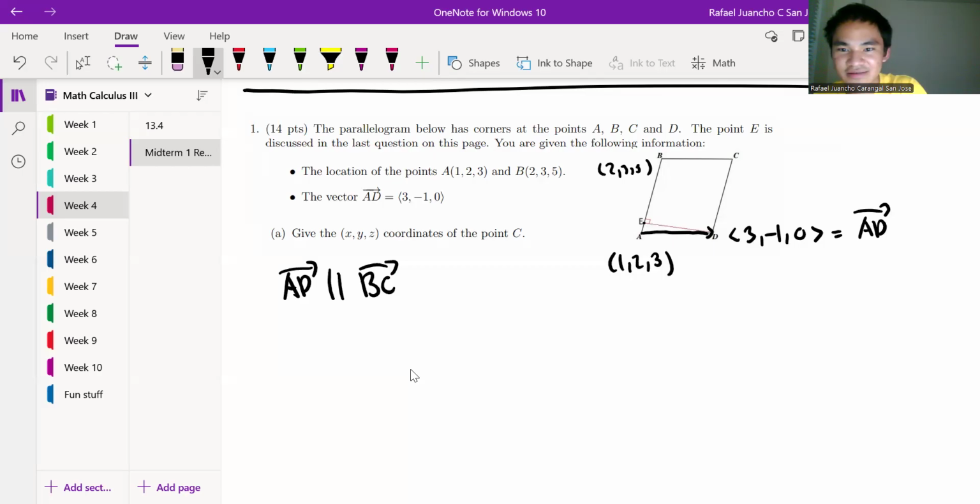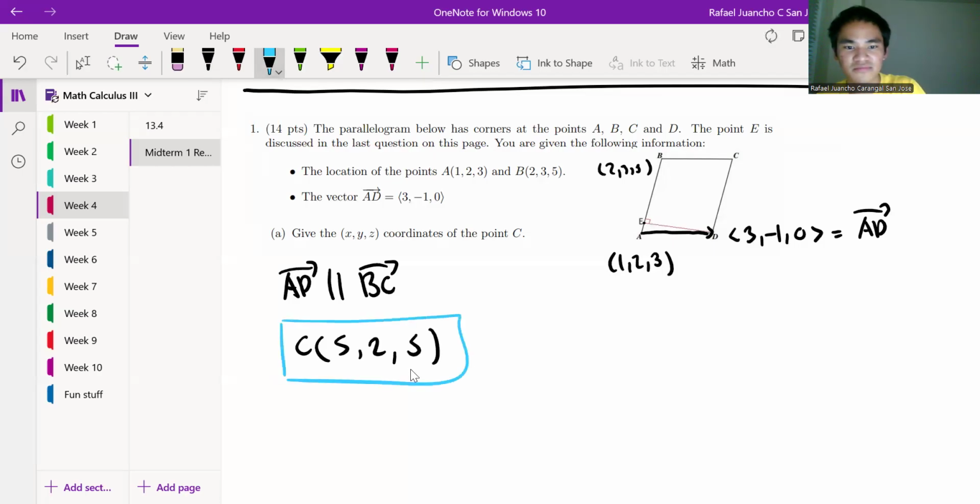So if I just add some stuff here, then C should have, well, what's this? 2 plus 3, I get 5. 3 plus -1, I get 2. 5 plus 0, I get 5. And I'm done. Did I get it? Oh, I got it. Nice. Yeah, that's it. That's funny.